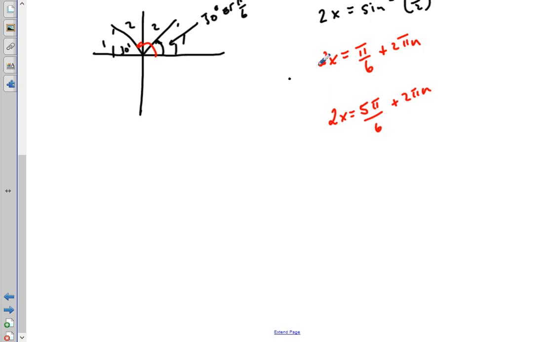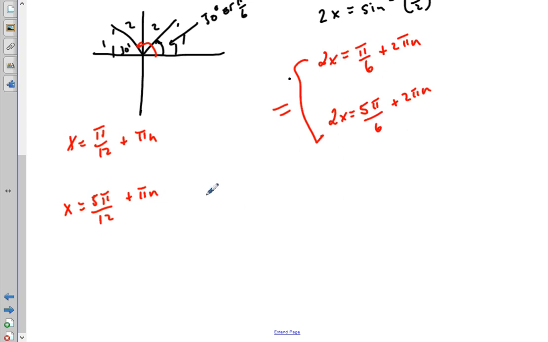From here, we're going to divide by 2, and so x is equal to pi over 12 plus pi n, because we divide both sides by 2. And then over here we have x equaling 5 pi over 12 plus pi n.